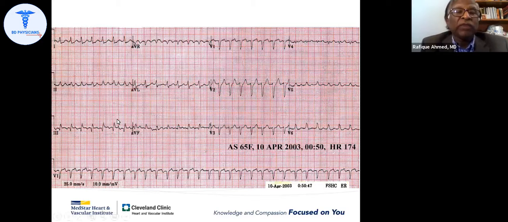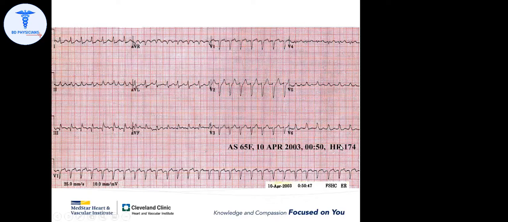Do you think it can be atrial flutter with 2-to-1 conduction? It can be, but it is a little bit too fast, because if it is atrial flutter with 2-to-1 conduction, the atrial rate would have to be close to 350 beats per minute, right?